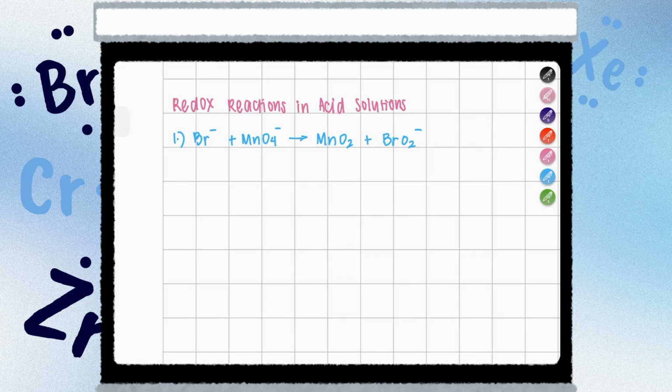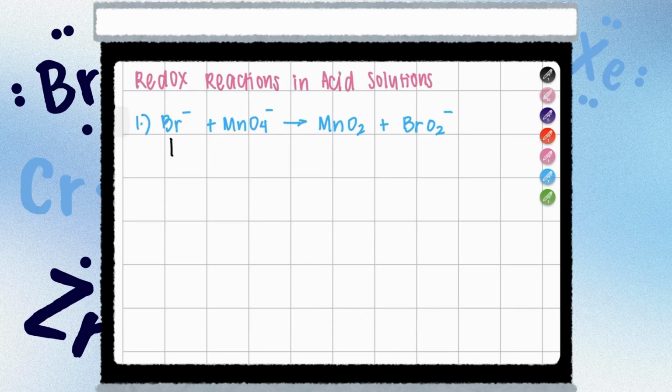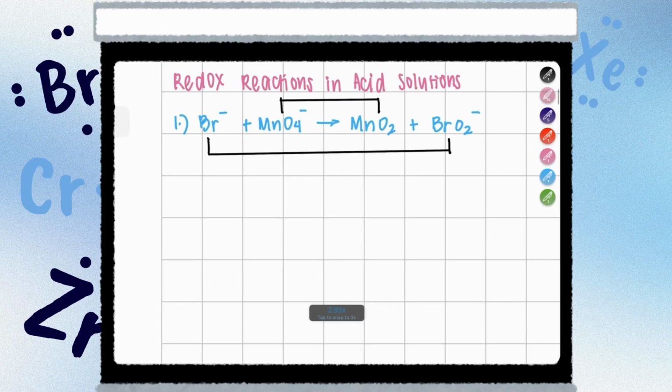So the first step in balancing redox reactions in acid solutions, we have to determine what is the oxidation and reduction in the equation, or in the reaction. In order for us to know, we have to group the elements accordingly with each other. So we have to group bromine and group manganese with each other.